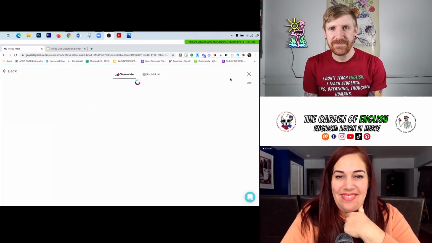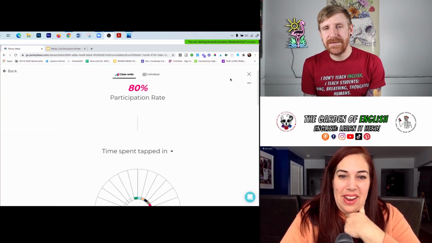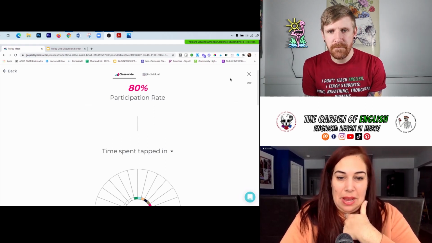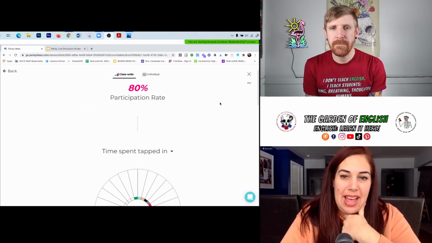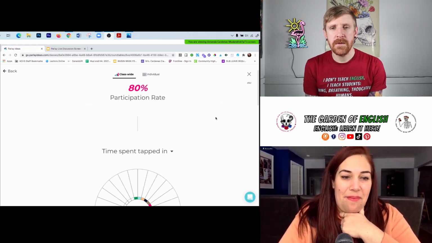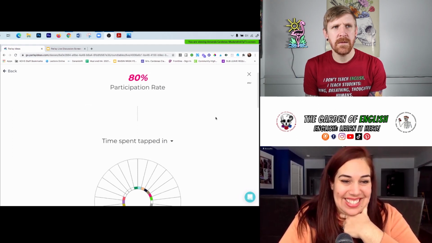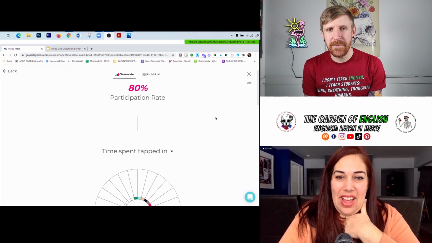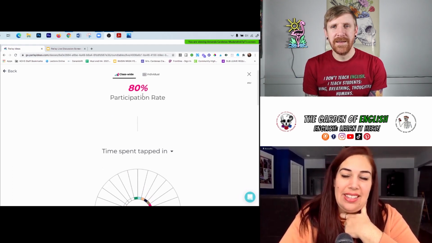So here's where we get to see some data, which is sometimes really useful and sometimes not. Especially, I'd say, the first couple of times that you use the Parlay Live, I don't think the kids realize how much data is being collected on them until you share it. So I've got the participation rate, which again can be inaccurate.